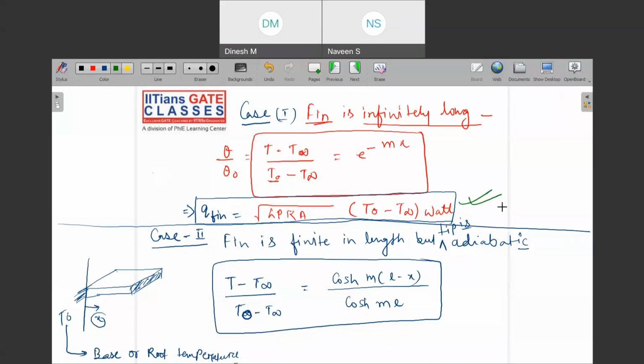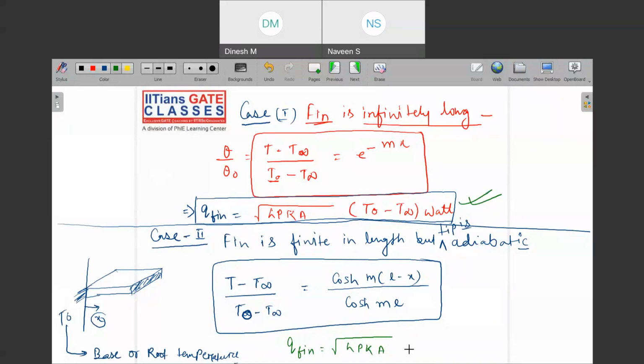Similarly, when your fin tip is adiabatic, that means it is not losing heat through the tip, then your Q fin is this square root of HPKA, which is common.